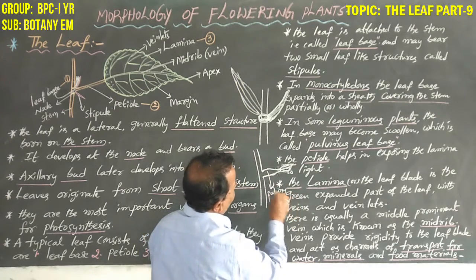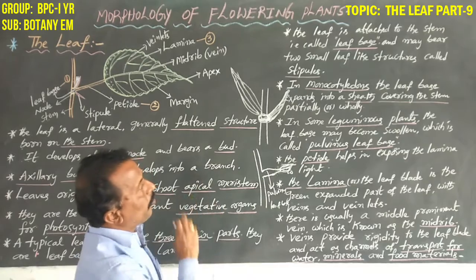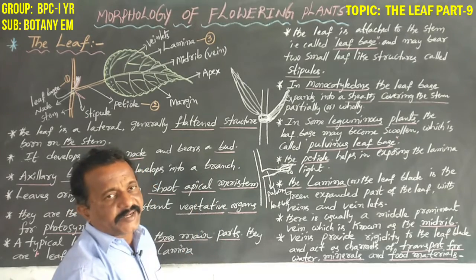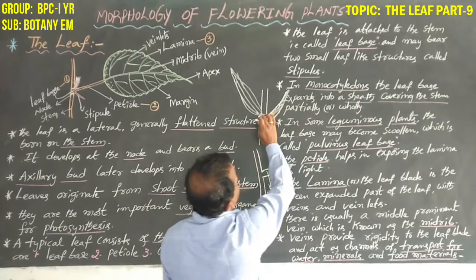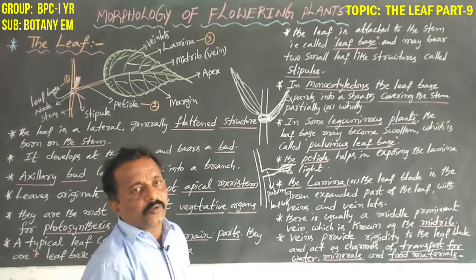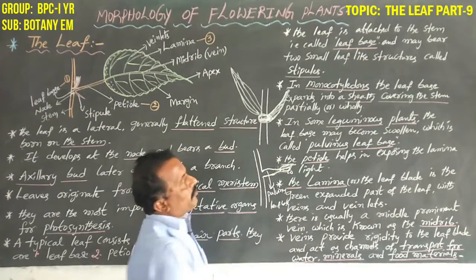This is very important. In monocotyledon plants such as rice, wheat, maize, and sugarcane, the leaf base expands into a sheath covering the node of the stem partially or wholly.